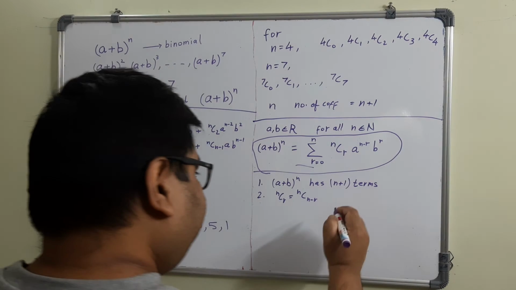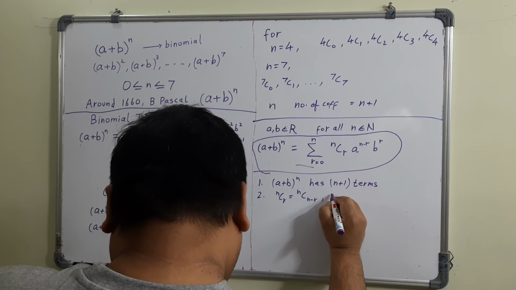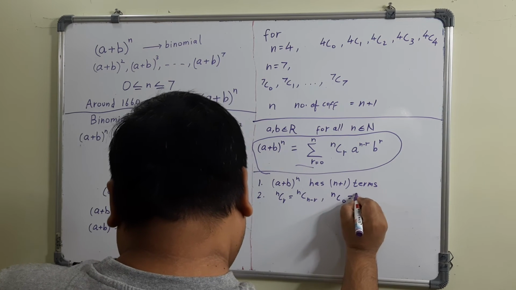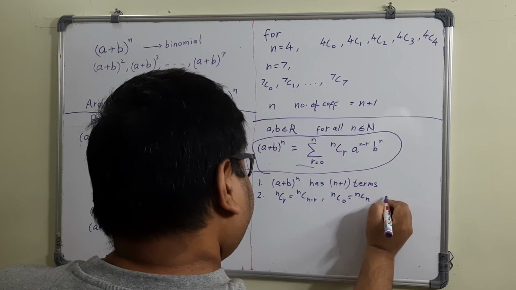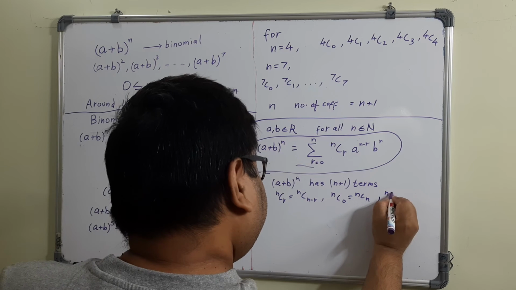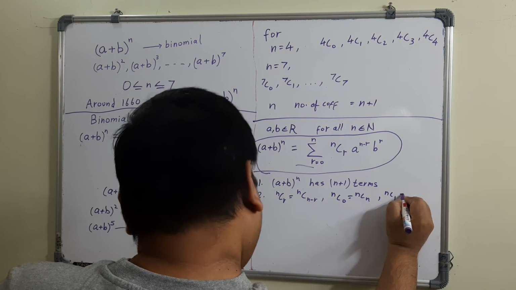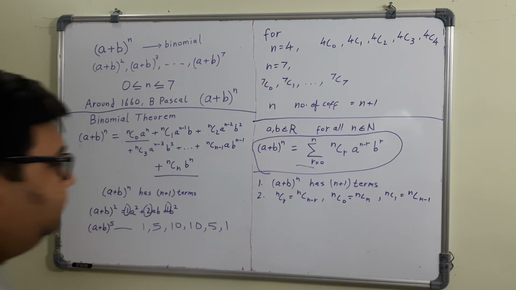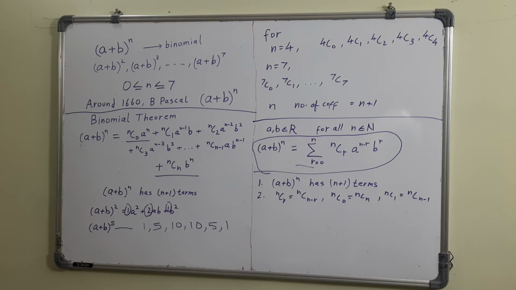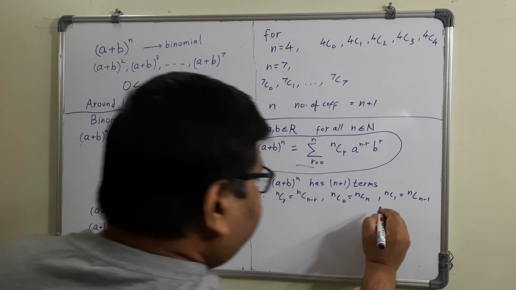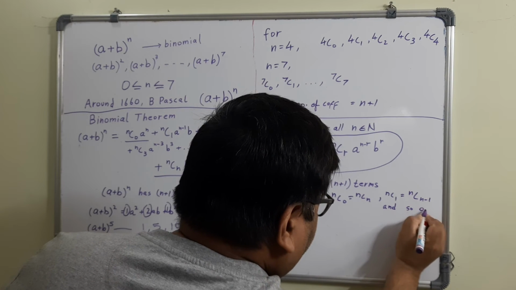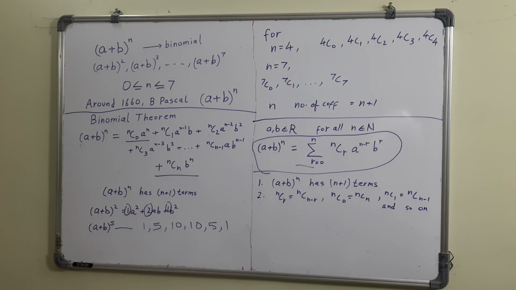So we have nC0 equals nCn and nC1 equals nC(n minus 1), and so on.